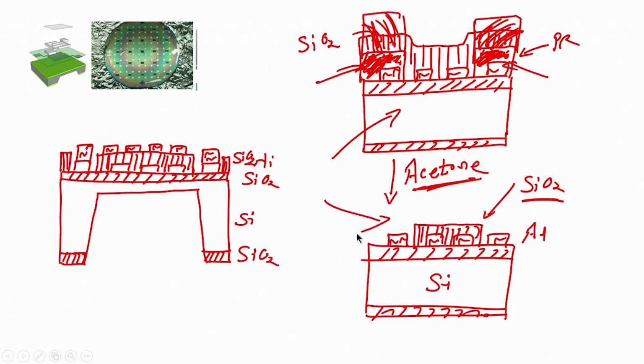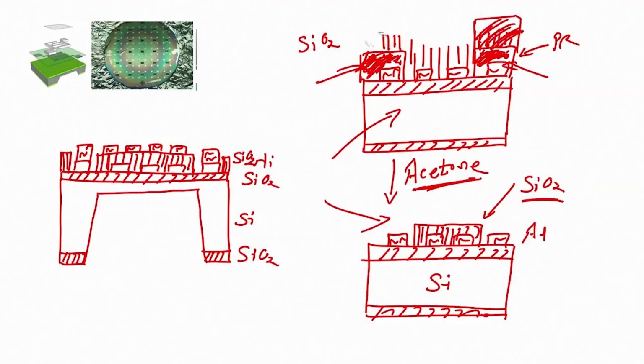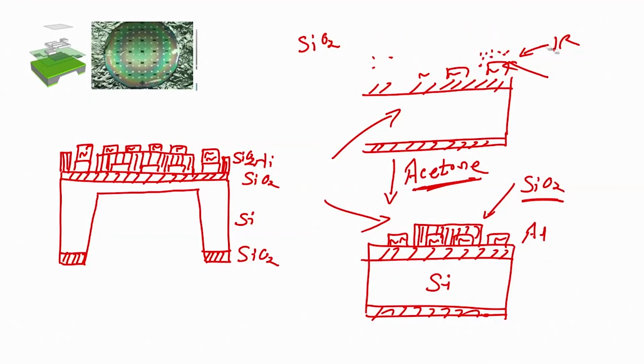This is called lifting off the silicon dioxide, lifting off of the photoresist. Same lift off we will use in this particular example. So, let us see. Lift off technique we will use.